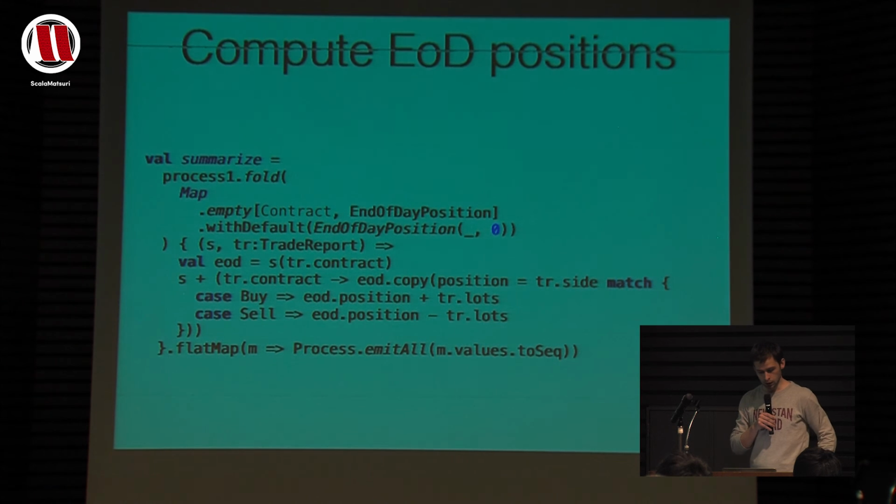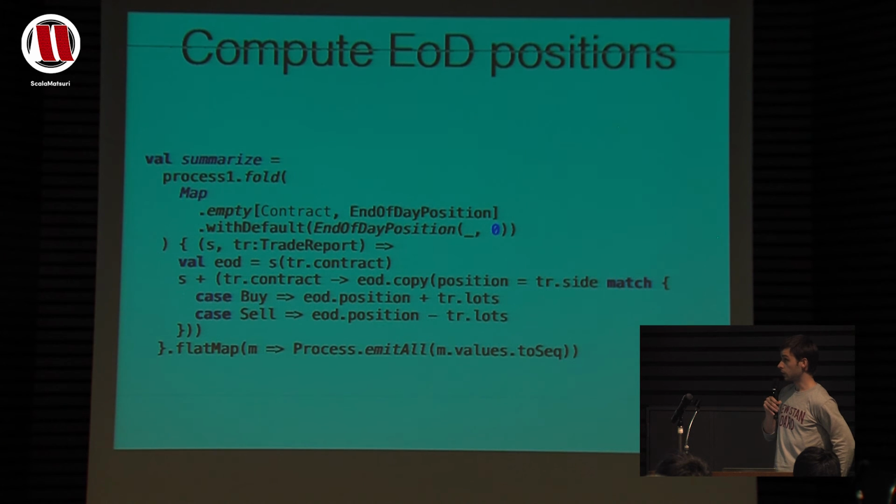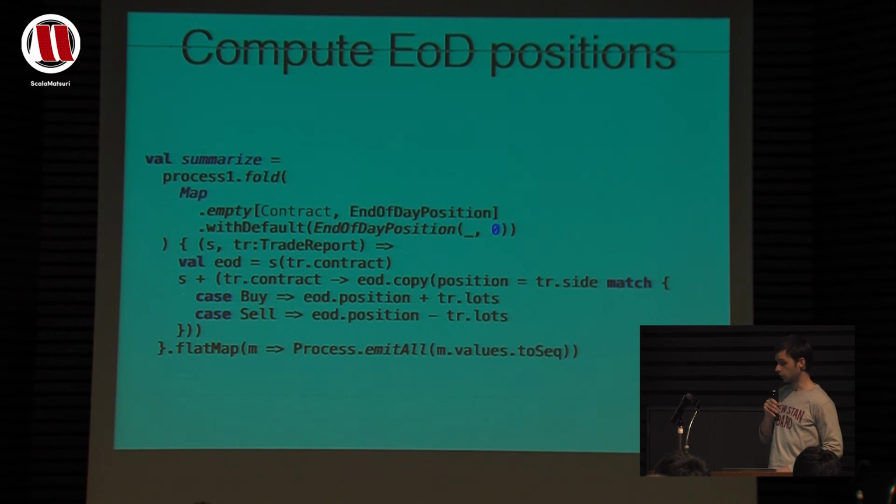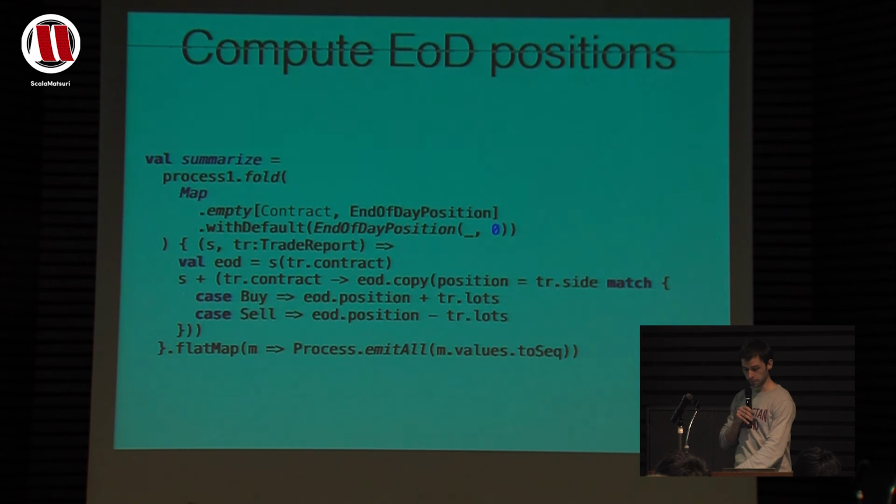And in the end, what we have done is we converted the input stream, which was a stream of end of day trade reports, into a stream of end of day positions. So you see on the very bottom, that's the actual important stuff, that we emit all the values that we aggregated so far.